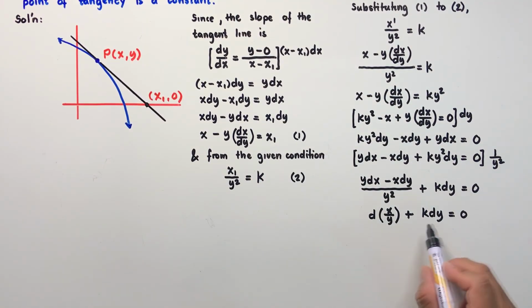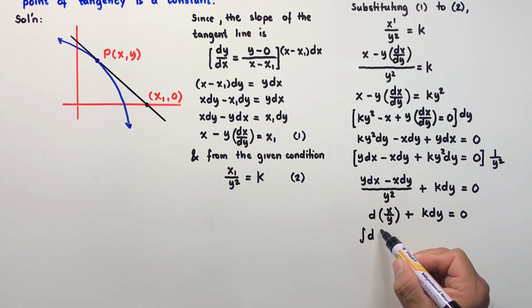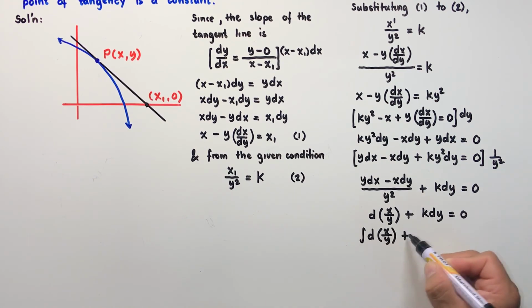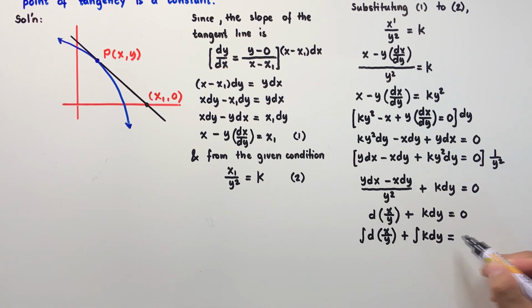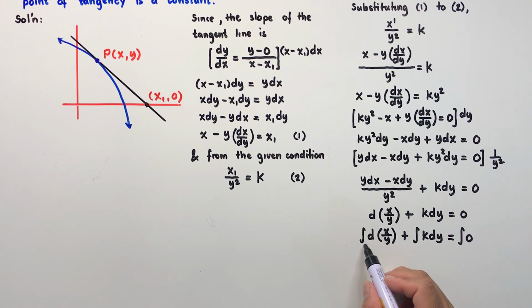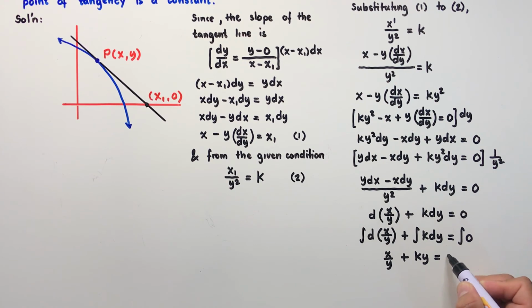So integrating each term in this equation, we have the integral of the differential of x over y plus the integral of k dy, which is equal to the integral of 0. And we know that the integral of the differential is x over y here plus ky, which is equal to the constant of integration c.